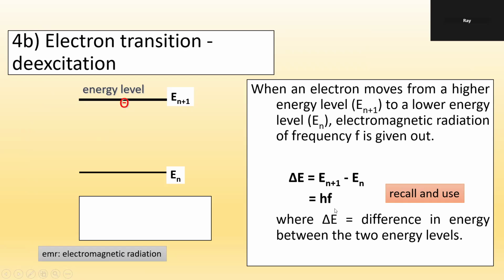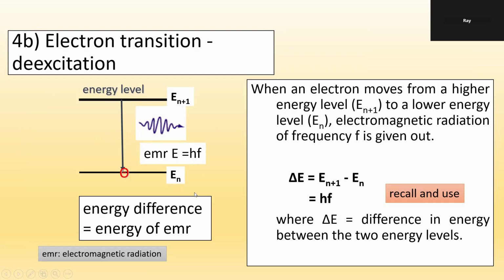Okay. Right? The electron goes from higher energy to lower energy, so electromagnetic radiation is emitted. So the energy difference equals the energy of the electromagnetic radiation. Your syllabus uses a different symbol.